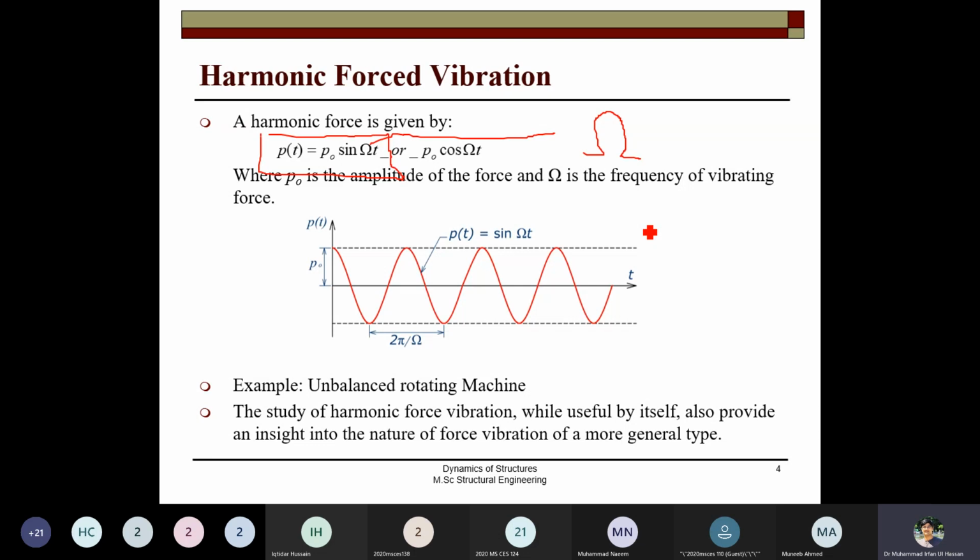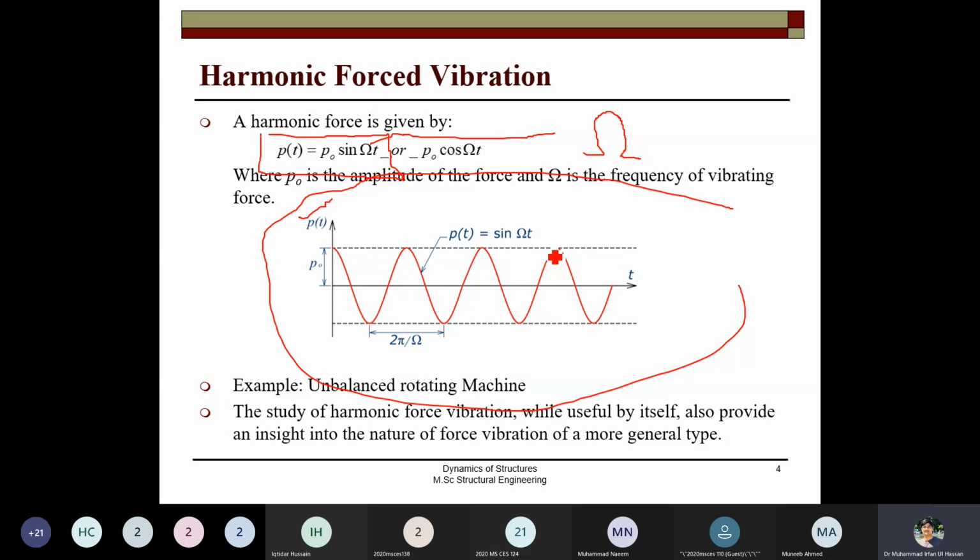This omega is not the frequency of the system but of the force. So the force has also this curve P(t). This is P(t) as a function of the time. Force is changing with respect to the time.